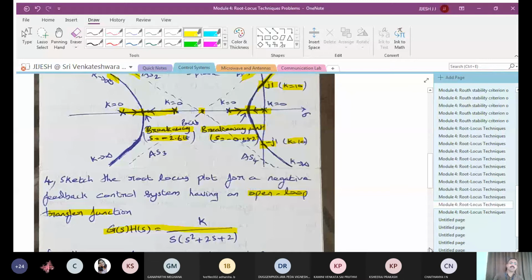So make a note of this problem, that is G(s)H(s) is equal to k divided by s into (s square plus 2s plus 2), and now we can solve it out.